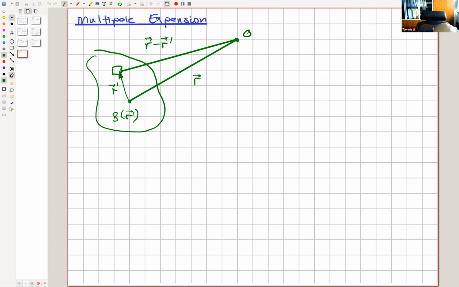And so how do we write the potential? The potential is simply given by the integral of rho as a function of r prime over the magnitude of r minus r prime, dv prime. And now what we want to do is expand 1 over r minus r prime, that is, r minus r prime to the minus 1.